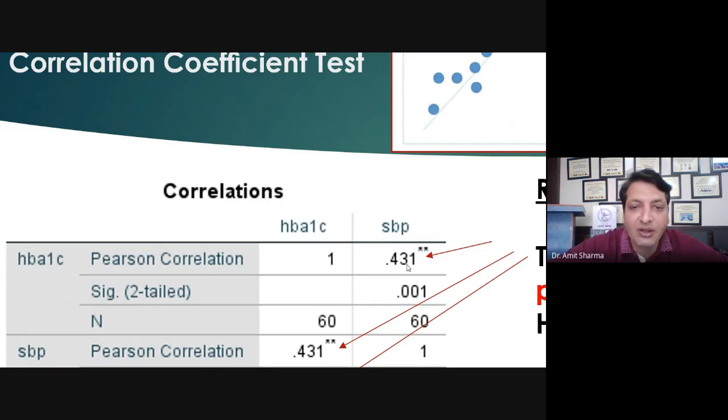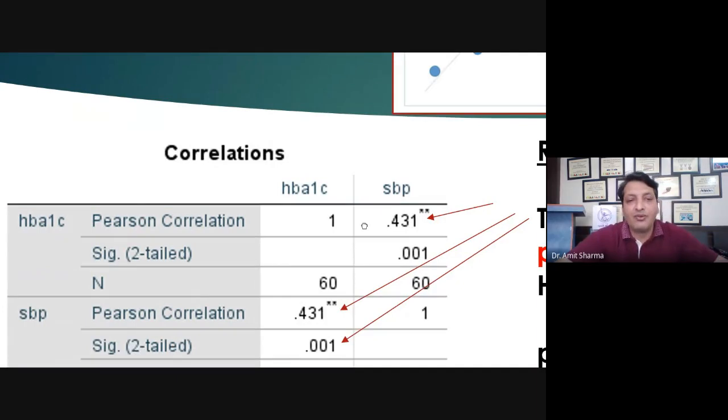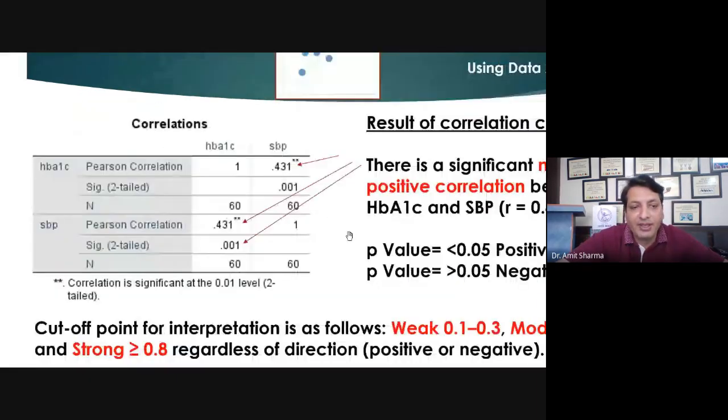Now how much is the correlation? Again we have to use the standard ranges to find out whether we have a mild positive correlation, moderate positive correlation, or strong positive correlation. And the same rule we are going to use for the negative correlation also. So here is the rule I have written at the bottom, that the cutoff points for interpretation are as follows.